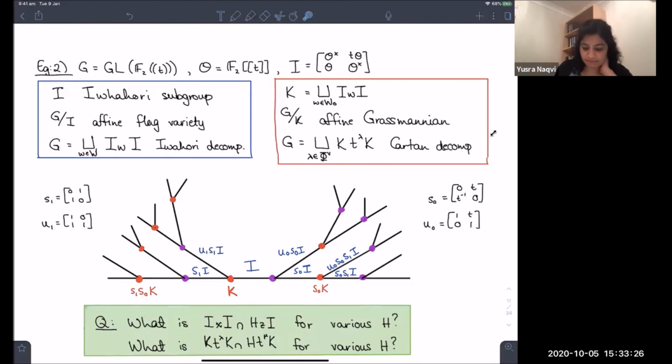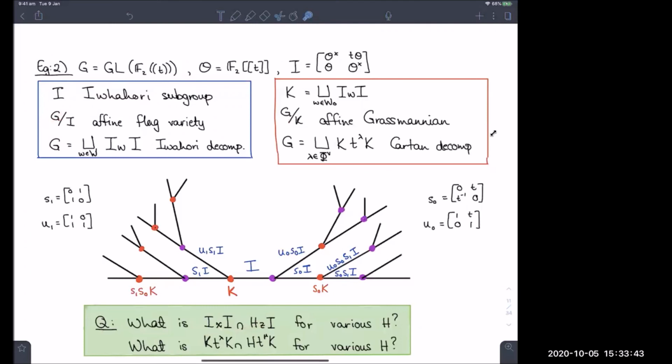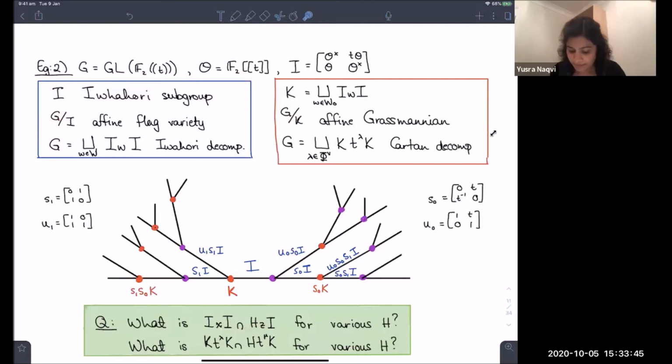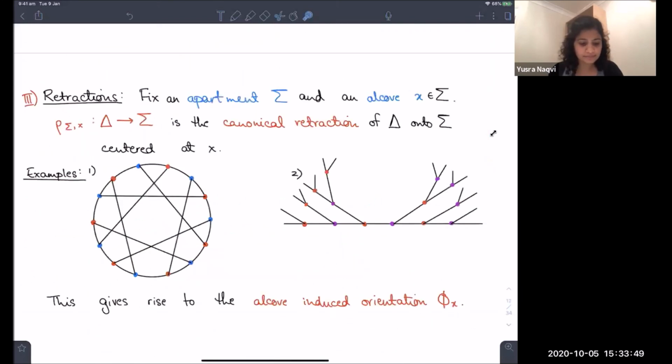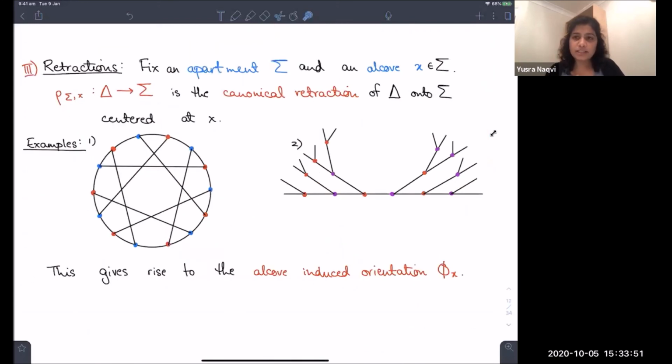So we're going to try answering these questions about what these kinds of intersections look like as a way of thinking about how G acts on the set of cosets here in the affine flag variety and in the affine Grassmannian. And so this is essentially a way of tracing our orbits. And I'll say a little bit more about what kinds of H's people are interested in. But I want to talk about how the folded galleries connect to the buildings first.